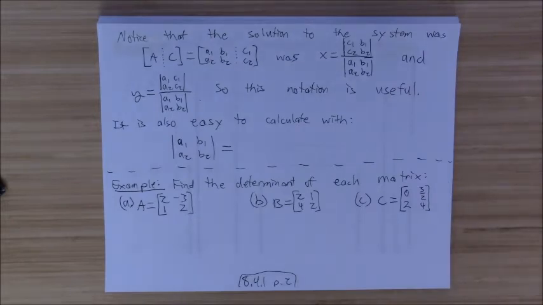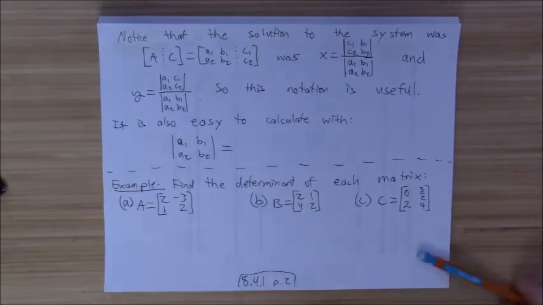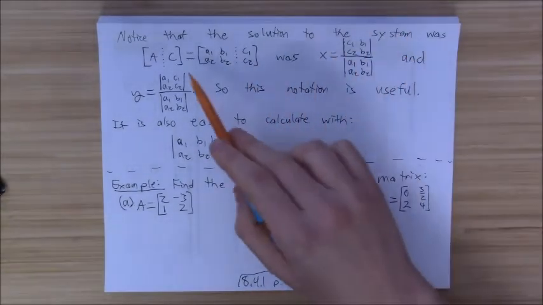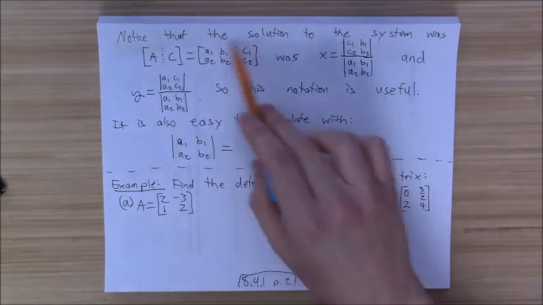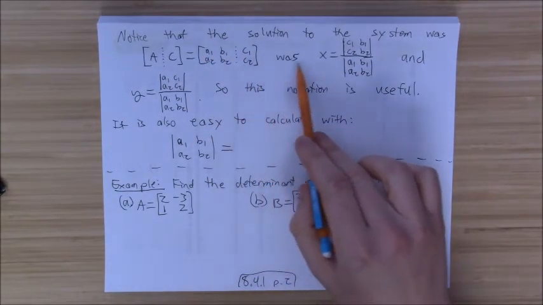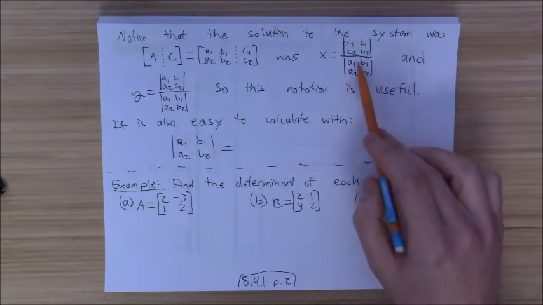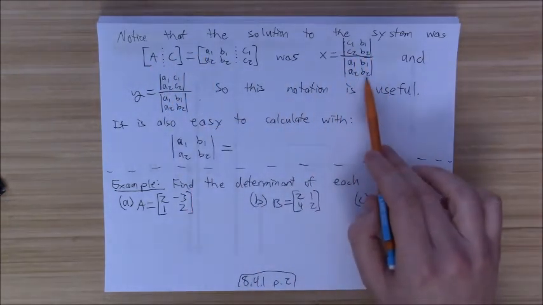Now, again, I want you to notice that the solution to the system, kind of going back to the last slide, the solution to the system with this augmented matrix was C1, C2, B1, B2 over the determinant of the matrix A, okay?